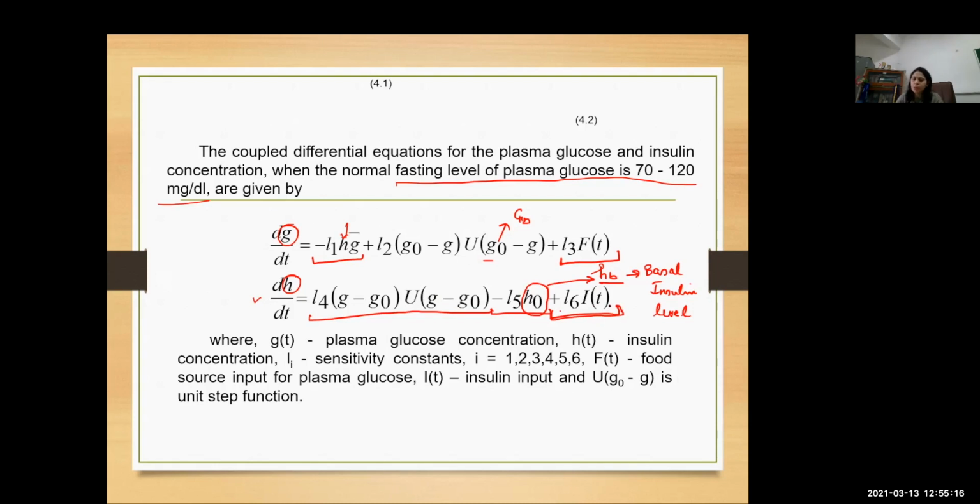The sources may be, number one, oral pills, then there may be injections, and then there may be an artificial insulin pump. So all these things will be taken care of by this I6IT. Okay, so that's how the model can further be organized.